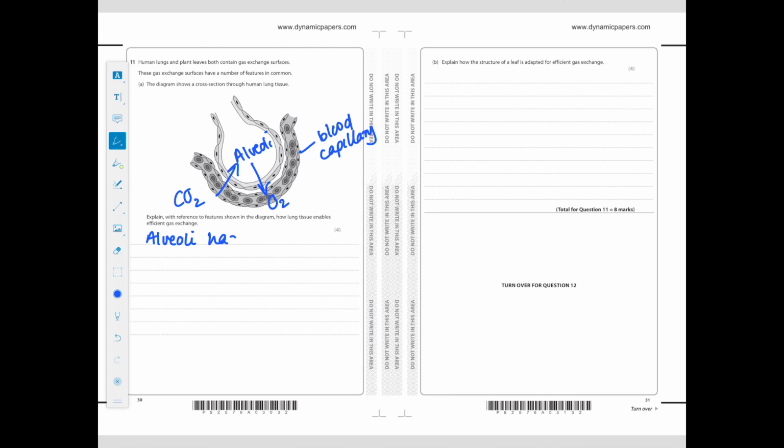So the alveoli has a large surface area for gas exchange. You can also see how close together the capillary and the alveoli are, which means that there's a short diffusion distance.